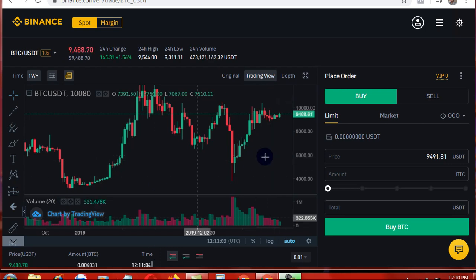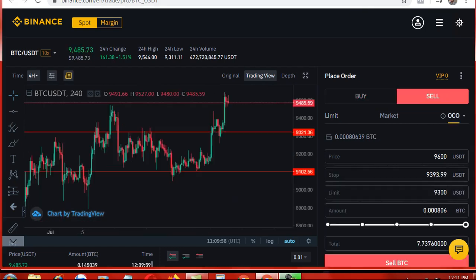So let's go there. Let's say you have bitcoins that you want to sell, and this is a support, this is a resistance, and there's another resistance somewhere here. You want to sell at the current market rate, presently $9,489,000 per one bitcoin, but you intend to sell at 9,600.